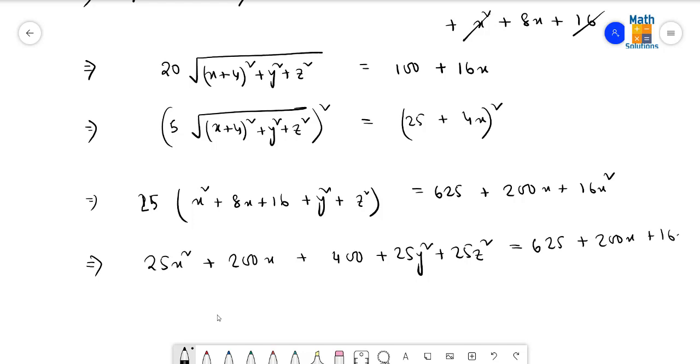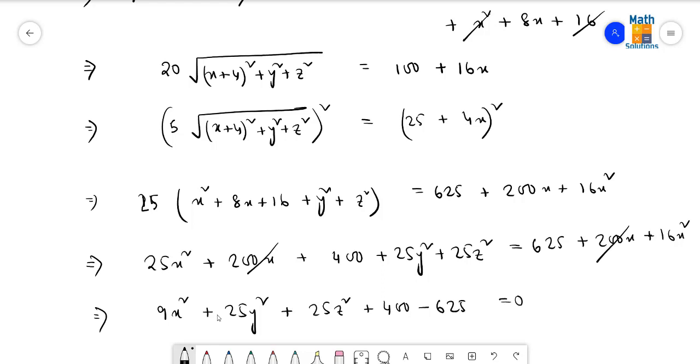200x then 16x square. So 200x on both sides got cancelled. Then 16x square on shifting to left hand side, 9x square we shall get, followed by 25y square we have to arrange here, then 25z square, then after plus 400 minus 625 equals to 0.